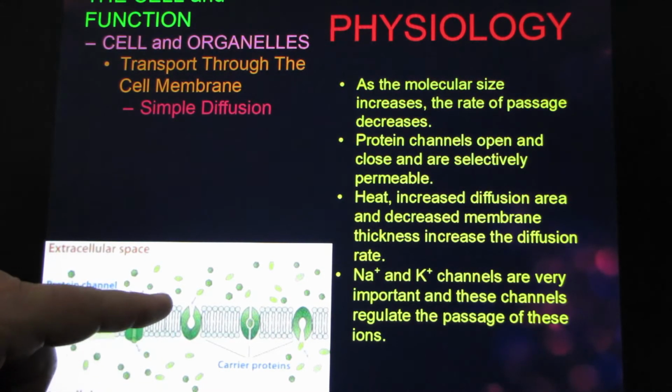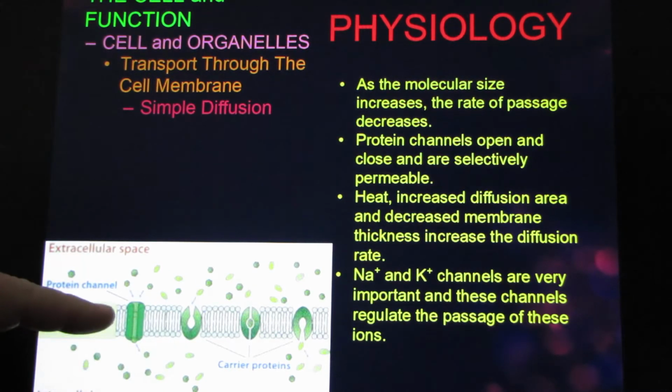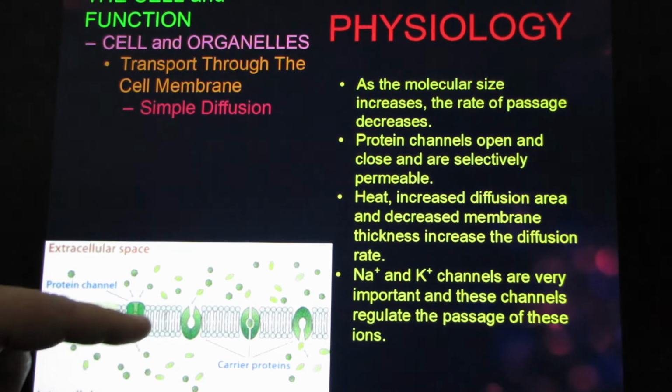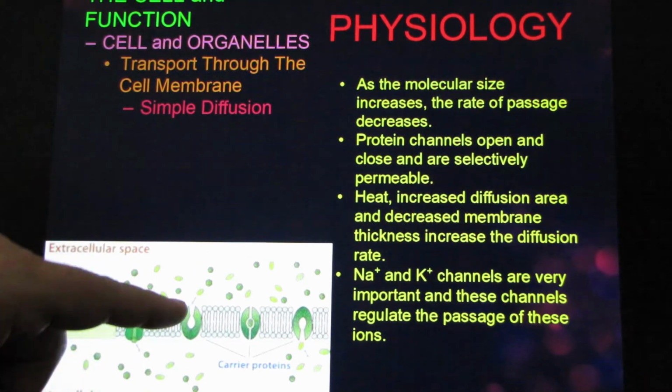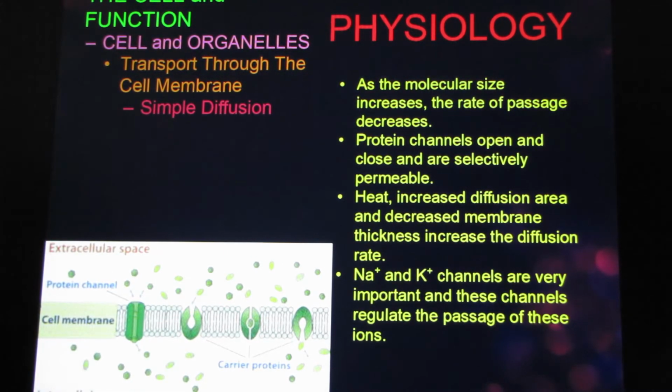As fat solubles pass through the membrane, some water solubles need to attach to the protein channels to pass through the cell membrane into the cell. Protein channels open and close and are selectively permeable. Heat, increased diffusion area, and decreased membrane thickness increase the diffusion rate.